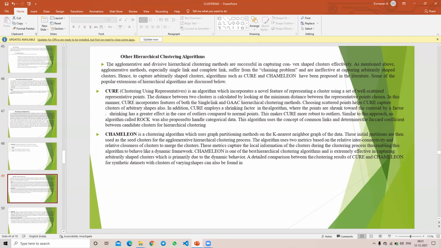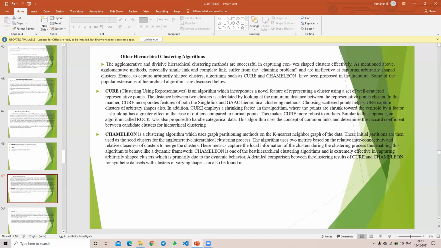Agglomerative methods, especially single link and complete link, suffer from the chaining problem and are ineffective at capturing arbitrarily shaped clusters. Hence, to capture arbitrarily shaped clusters, algorithms such as CURE and Chameleon have been proposed in the literature.